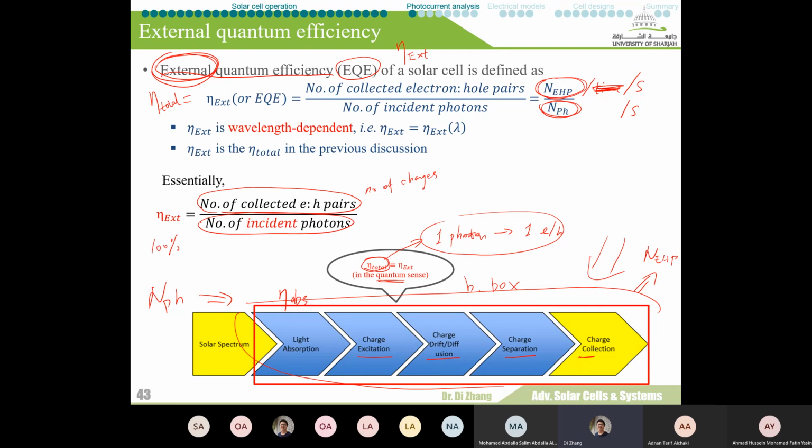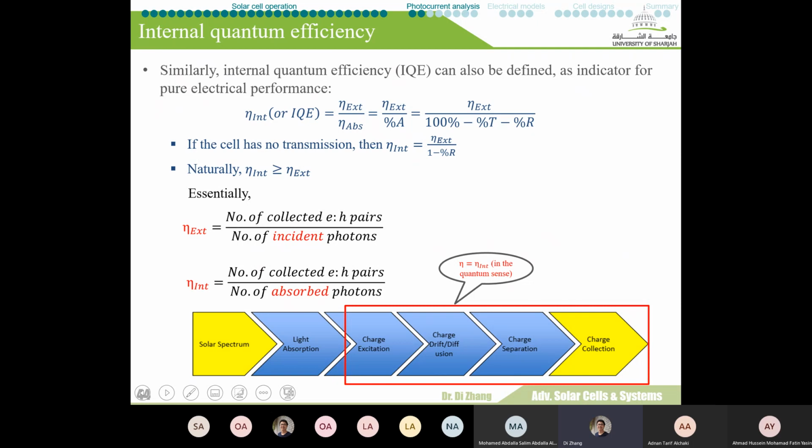In the same line, we can also define another efficiency called the internal quantum efficiency. For the internal quantum efficiency, it doesn't look at the overall solar cell as a black box. Instead, it will try to focus mainly on the electrical process.